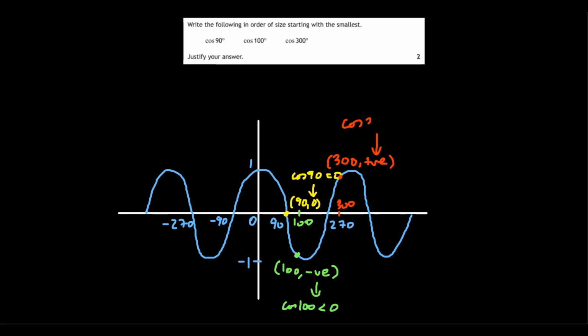So that tells us that cos 300 is more than 0. And that's enough information to organize the values in order of size. So cos 100 would be the smallest because it's negative. And then it would be cos 90 and then cos 300.